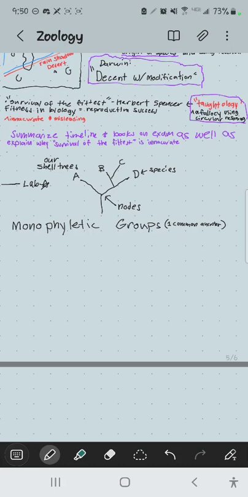Polyphyletic means that I'm going to name a group that basically has 2 different ancestor lineages, right? This is basically the idea that we're going to name these 3 species, and put them in the same genus, even though they have different ancestors.